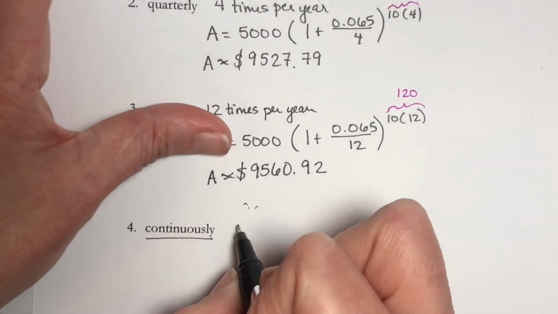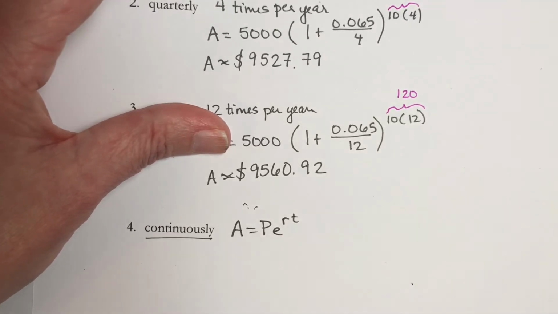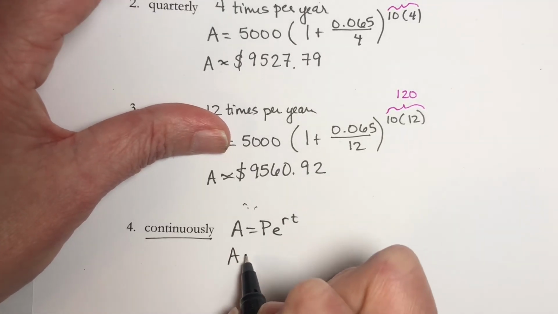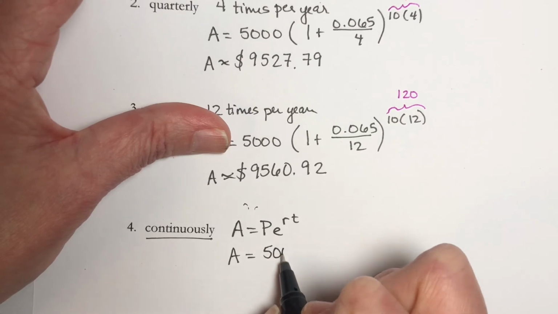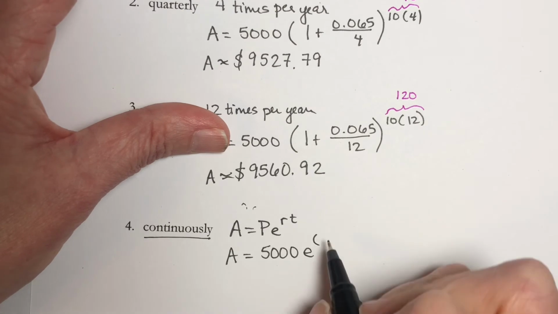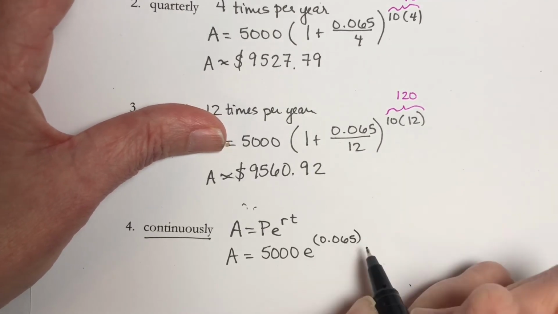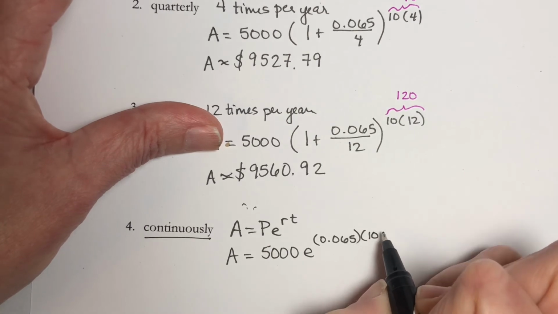Okay, so if I'm using A equals P e to the RT, our principal was 5,000. e raised to the, our rate was 0.065, and the time was 10 years.